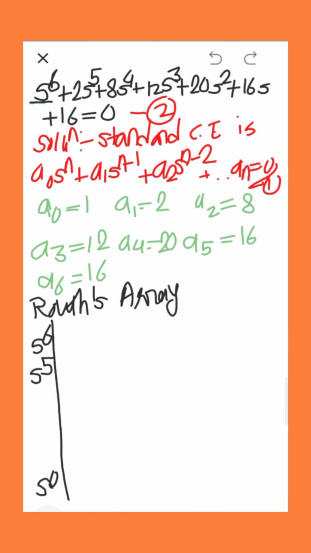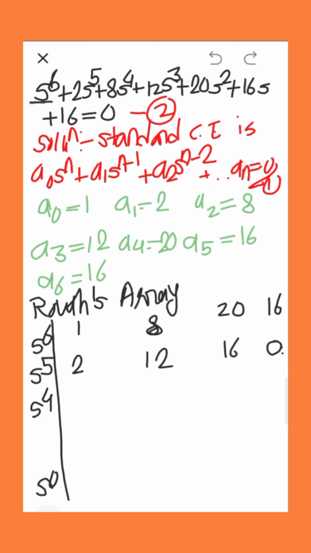So this is 1 2 8 12 20 16 16, and this will be 0.